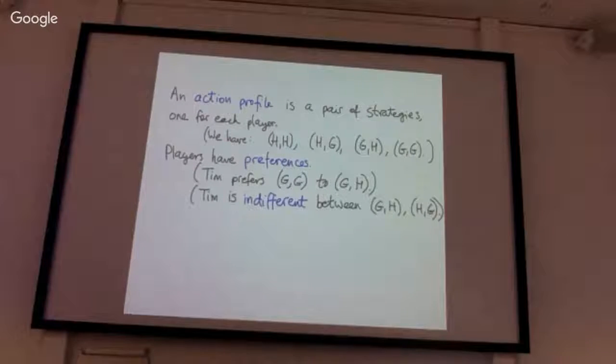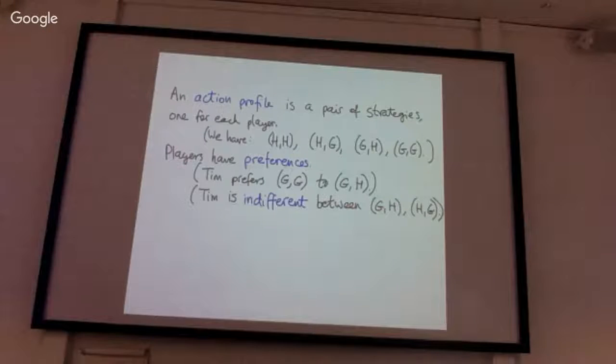Okay, so perhaps Tim is indifferent between these two options, but maybe in some situations he wouldn't be, because maybe it's raining, so he doesn't want to go to the garden. He would go there if Liz goes there, but he certainly wouldn't go there otherwise.